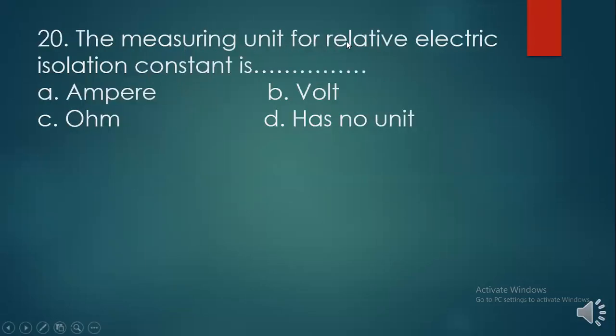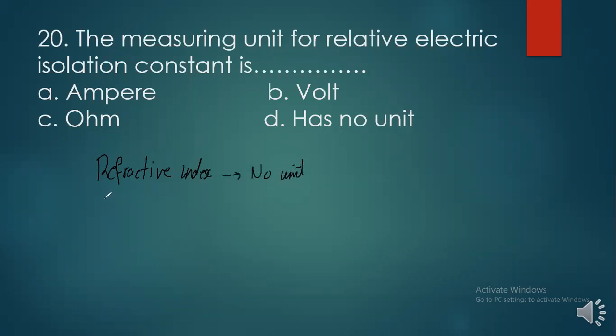The measuring unit for relative electric isolation constant is, right? This one, actually, has no unit. One of the few physical quantities that have no unit, right? A quick review also for them. This includes refractive index, which has no unit.